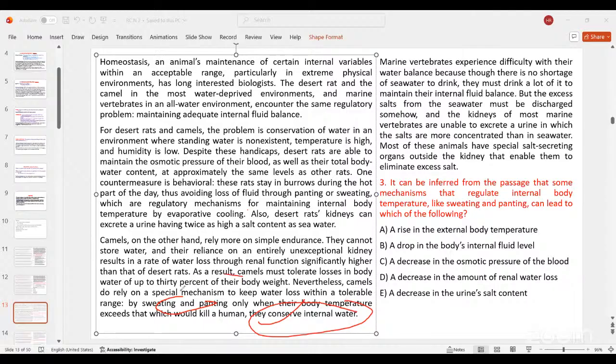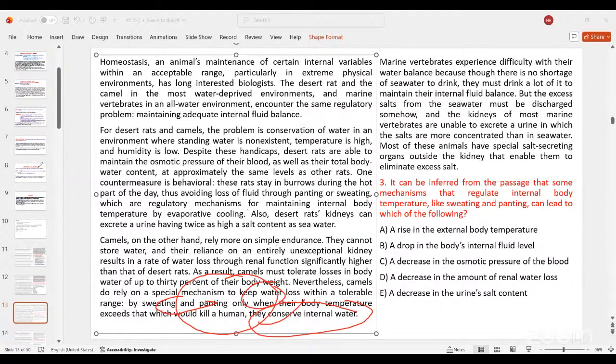So through these sentences, what is the meaning? The meaning is the camel utilizes this mechanism to what? Store inside water, right? It means they maintain water, and maintenance of water means what? They do not allow their bodies to release water.